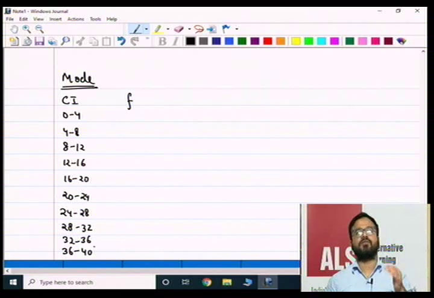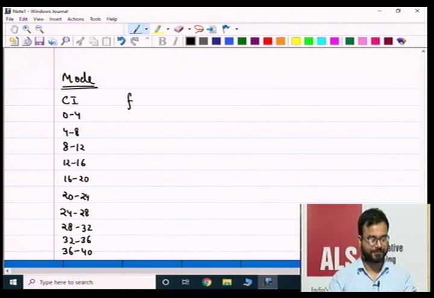The class intervals are given from 0 to 4, 4 to 8, up to 36 to 40.